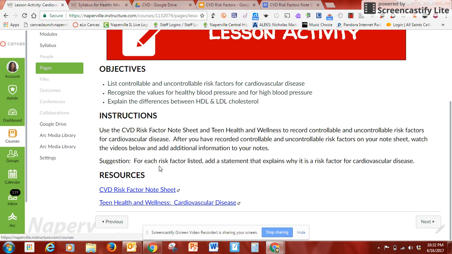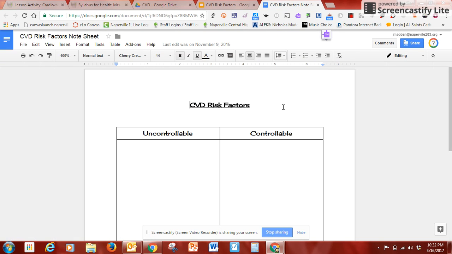I also suggested that for each risk factor listed, you add a statement that explains why it is a risk factor for cardiovascular disease. So right now, this page should be completed. If you haven't done that yet, you might want to go back and do that before you finish this video.